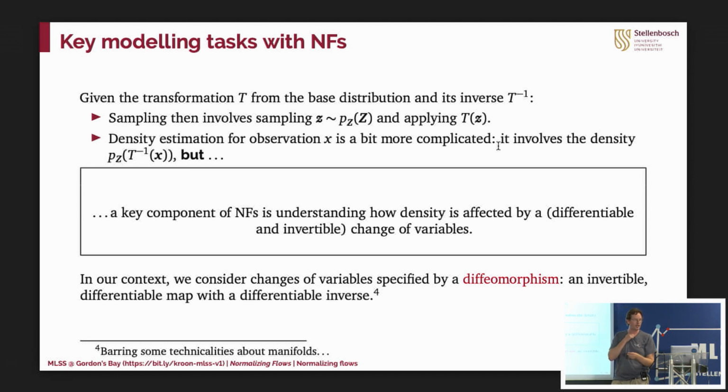But unfortunately, when we apply transformations to densities, we change the density. We'll do an example in a moment. So the key component for normalizing flows, the real core thing, is understanding how the density of a distribution is affected by change of variables.